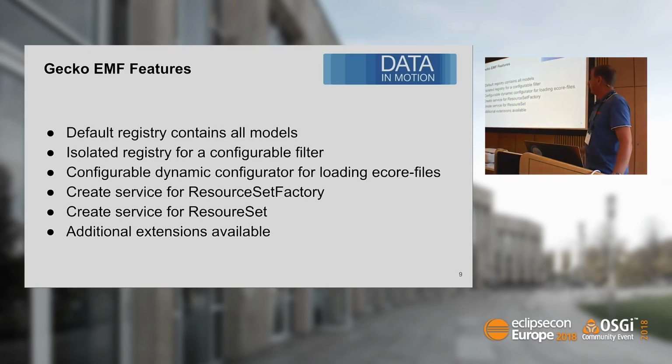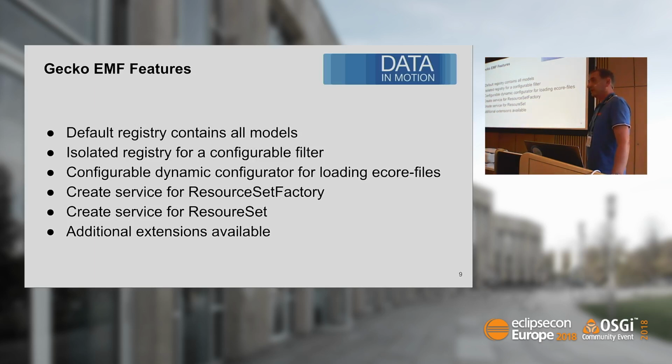Yeah, major features are we have a default registry, as I told, that contains information of all registered models in my OSGi framework. We have a second one, which is an isolated registry, and this uses the configurator in the config admin, and it's a configurable component.